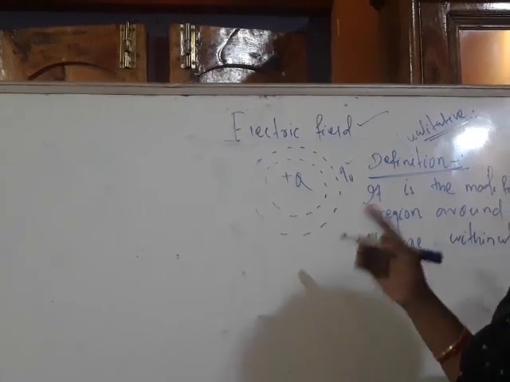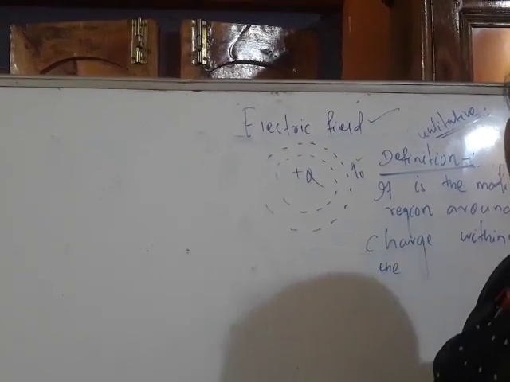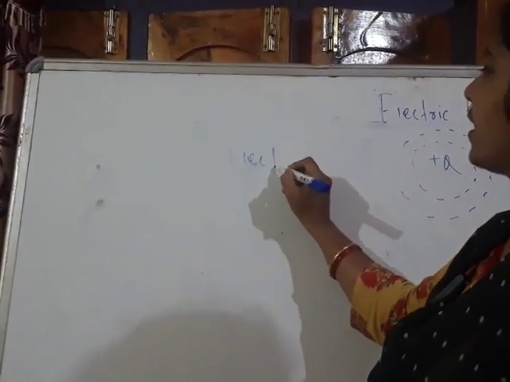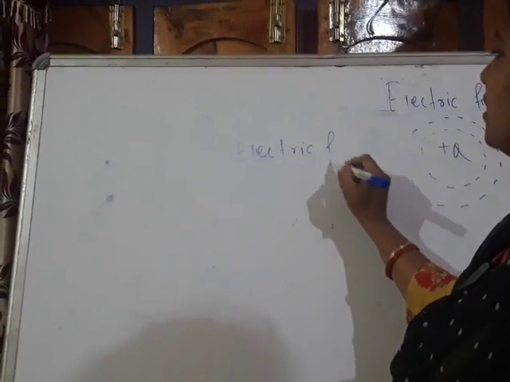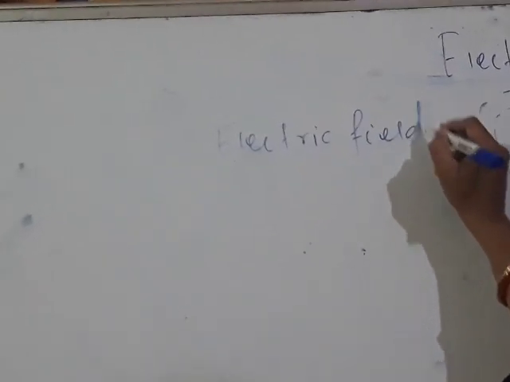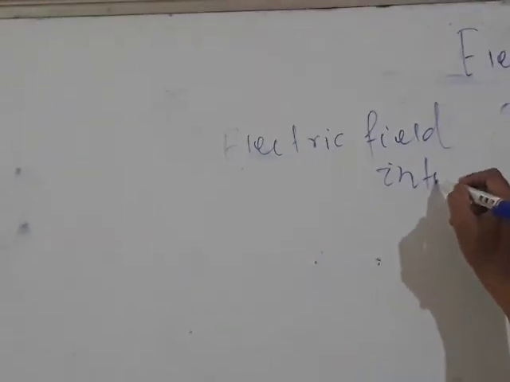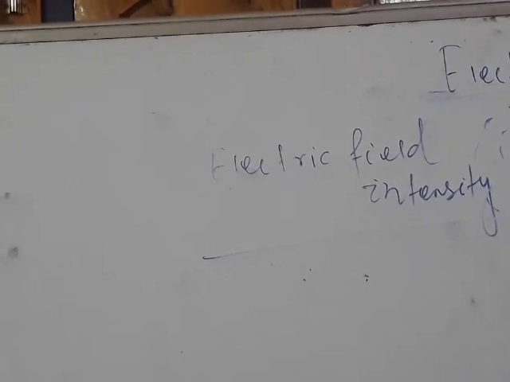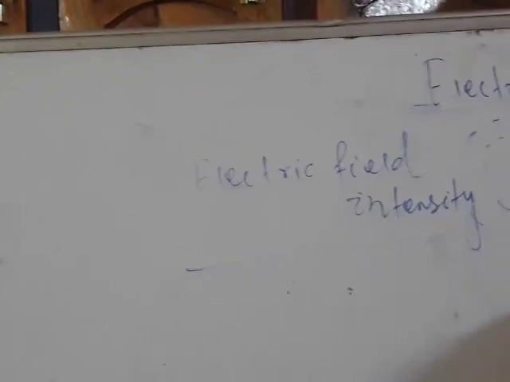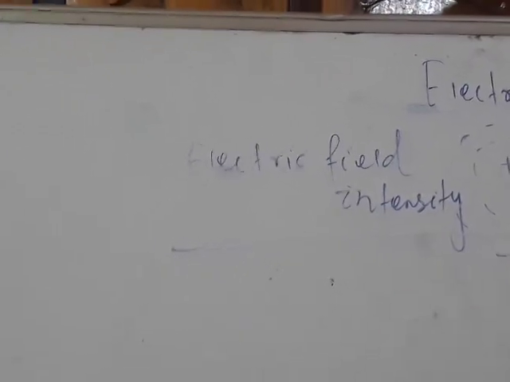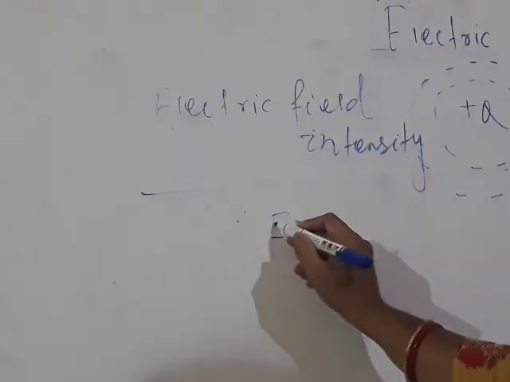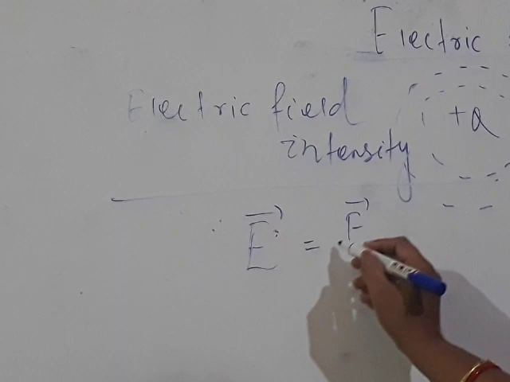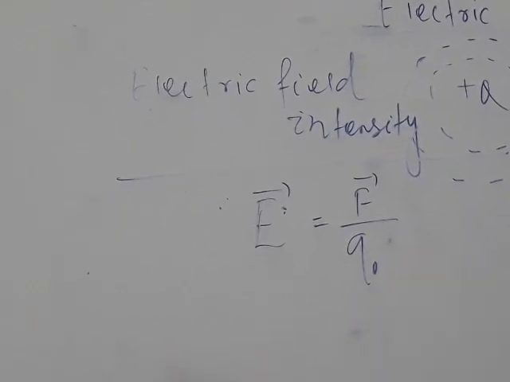To know the effect of this electric field, we have to define another term known as electric field intensity, which will give the quantitative definition of field intensity, and it is represented as E vector equal to F vector divided by Q naught.